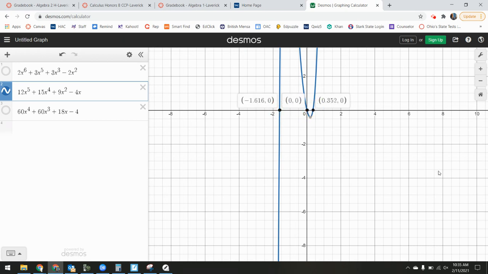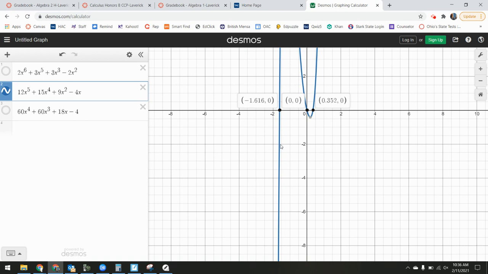You can say that the intervals of concavity are from negative infinity to negative 1.616. I know that it's going to be concave downward because it's below the x-axis. From negative 1.616 to 0, it's above the x-axis, so I know it's concave upward. Between 0 and 0.32352, and you can just use all of that.